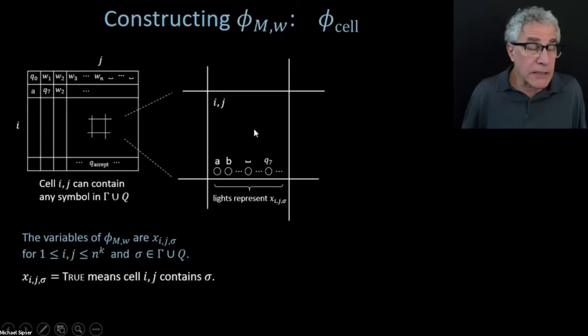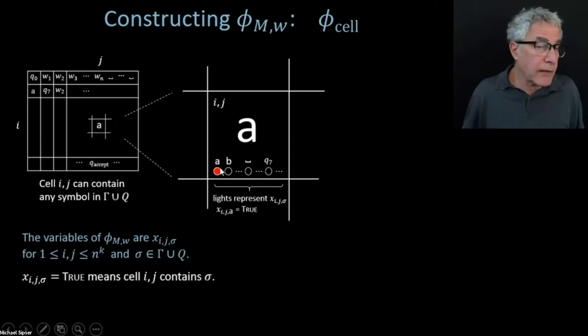So all different possible sigmas. So this is gamma union Q. Okay, so now if I have an a here in that cell, then the variable xij a is true. And I'm just helping you visualize that. That's going to correspond to turning the light on.